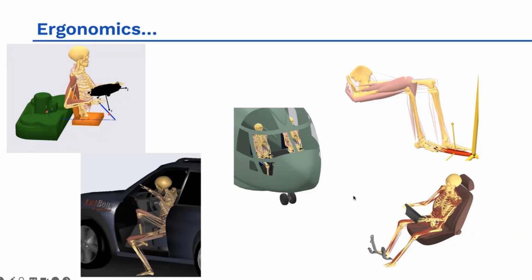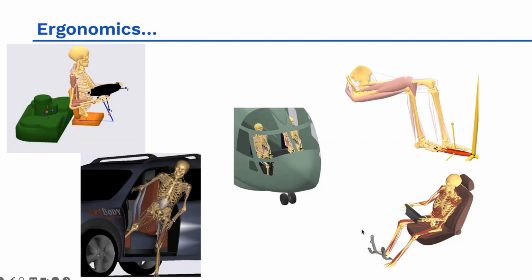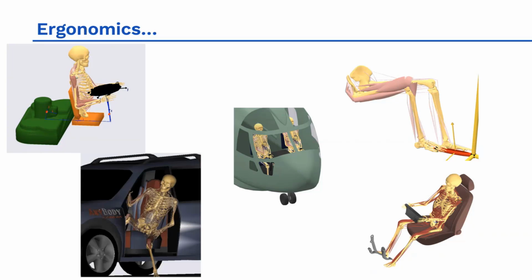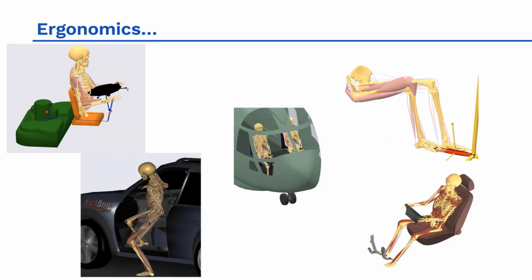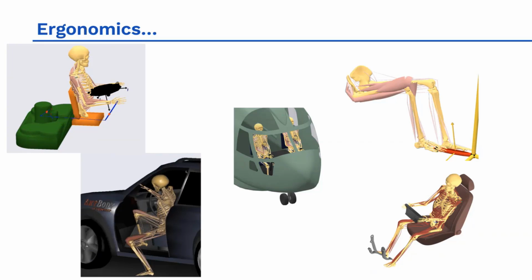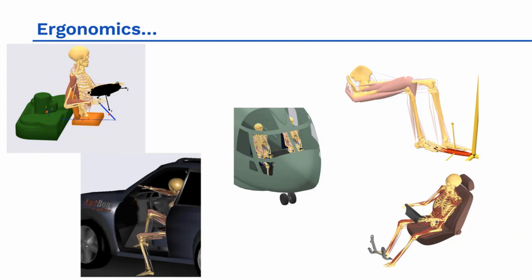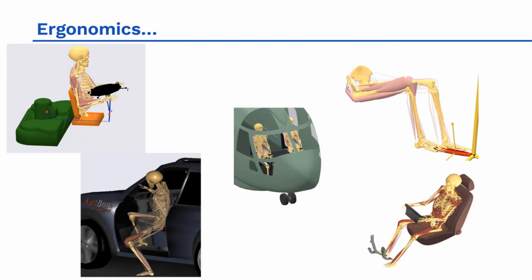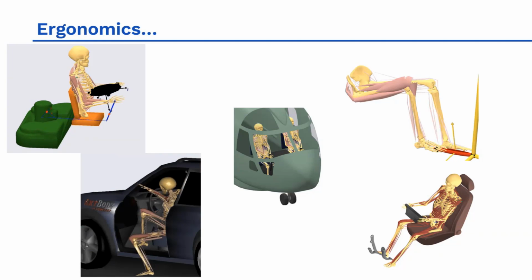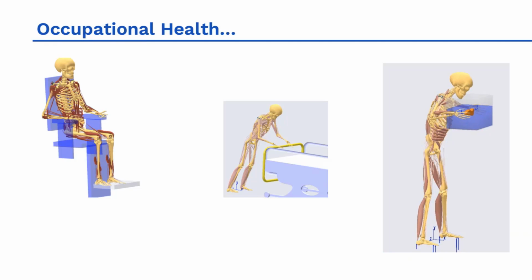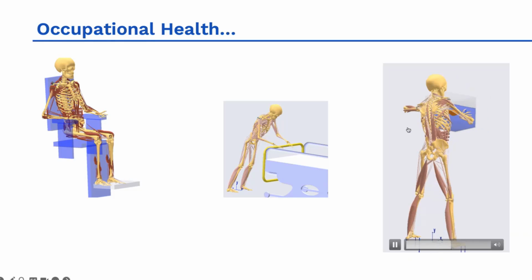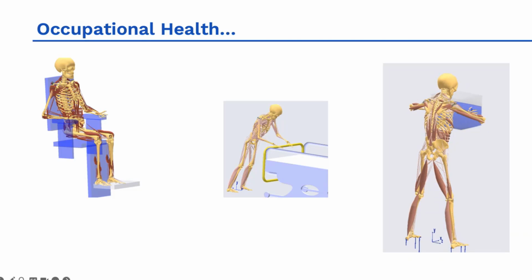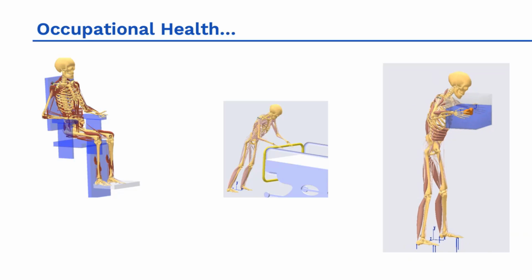In the lower right-hand corner, actually, we have looked at many different positions, and we have published specific data as to what the position of the driver should be for minimal driver fatigue conditions. So these musculoskeletal models are really good for that, as well as for occupational health. Just like we see on the right-hand side here, if somebody's picking up heavy loads, what are the muscles? Are we overexerting some of the muscles?